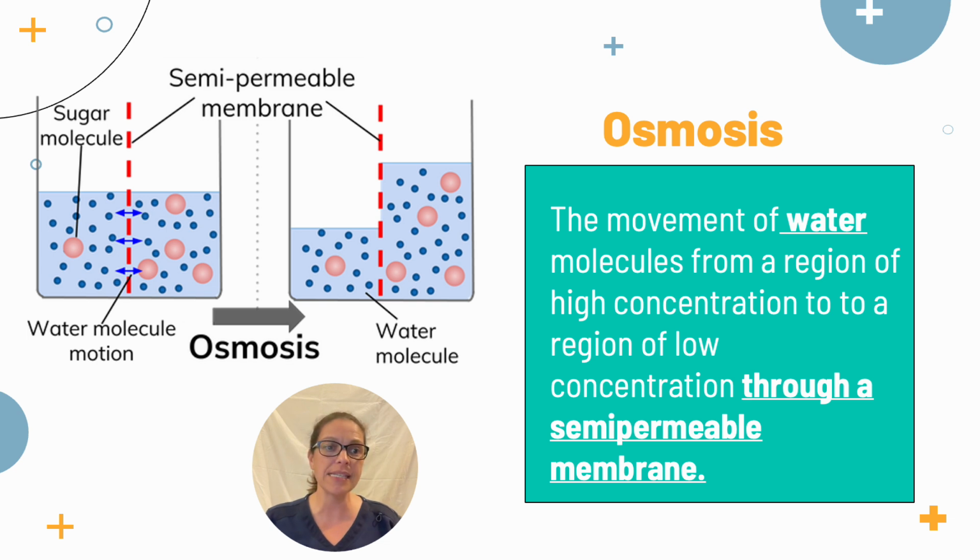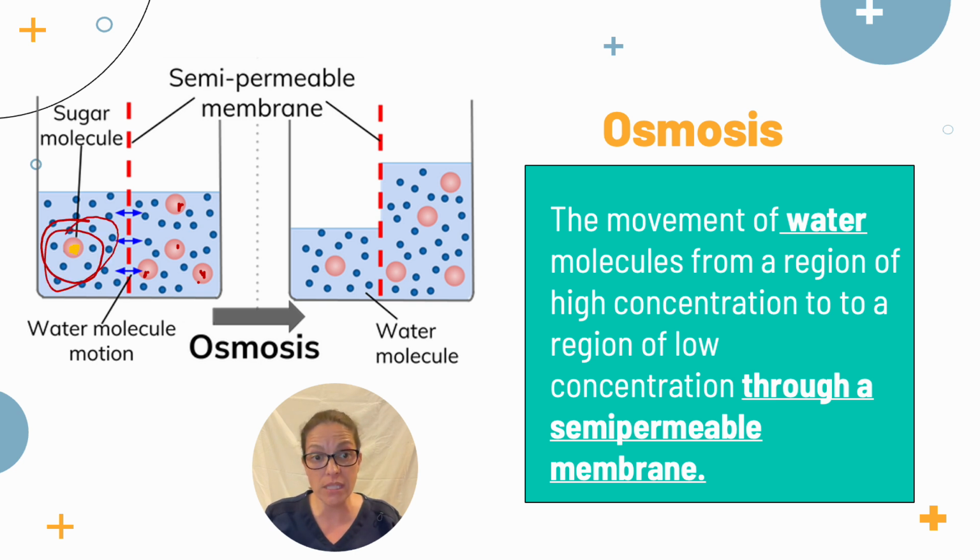What we can see here is that there's only one sugar molecule over here and there are 4 over here. Can you see that? 2, 3, 4, right? Of these, the concentration of water to sugar ratio is higher on this left-hand side.